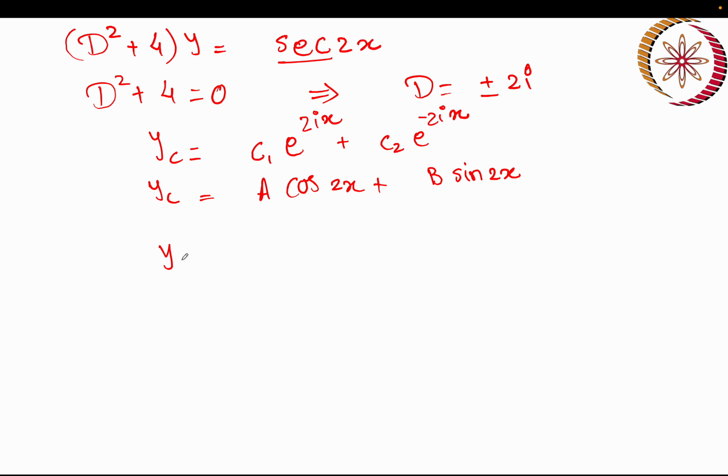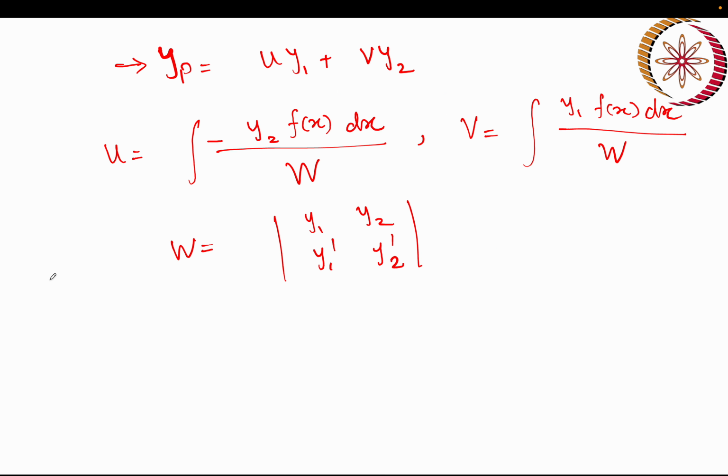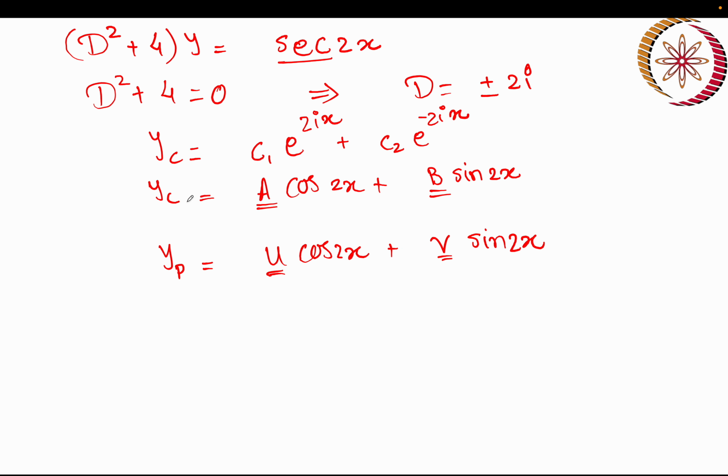Now we'll move to the particular solution, and instead of a and b, we'll write u cos 2x and v sine of 2x. Okay, so u and v are functions of x, and now we will use the derivation that we did before. So u is nothing but minus y2.